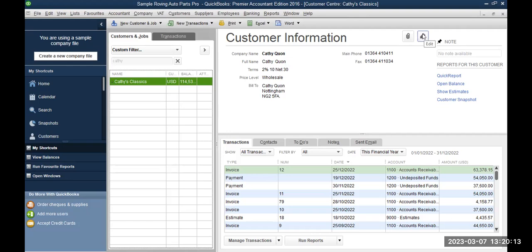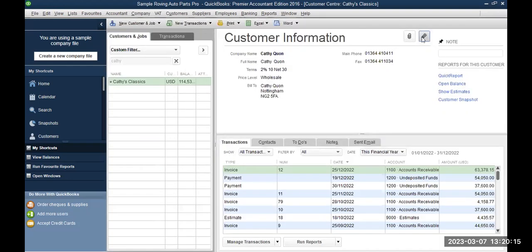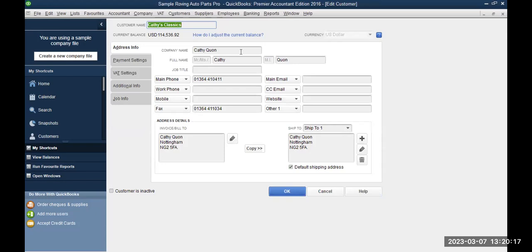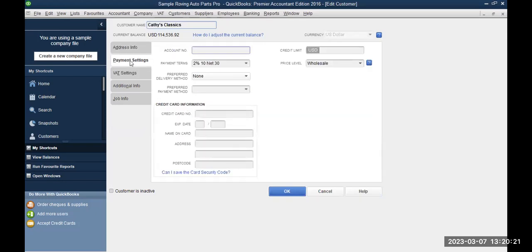You click here under edit, and you can choose payments. Under payment settings, you can put a credit limit, so that you can show the extent of credit that you need to give this particular customer.